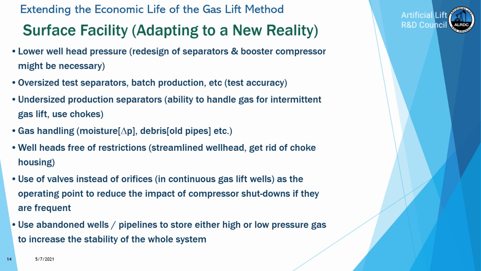So any restriction at the wellhead is going to create a lot of liquid fallback losses. Liquid fallback losses usually take place at the very beginning of the injection cycle, because you are accelerating the liquid slug, but also at the wellhead if you find many restrictions there.